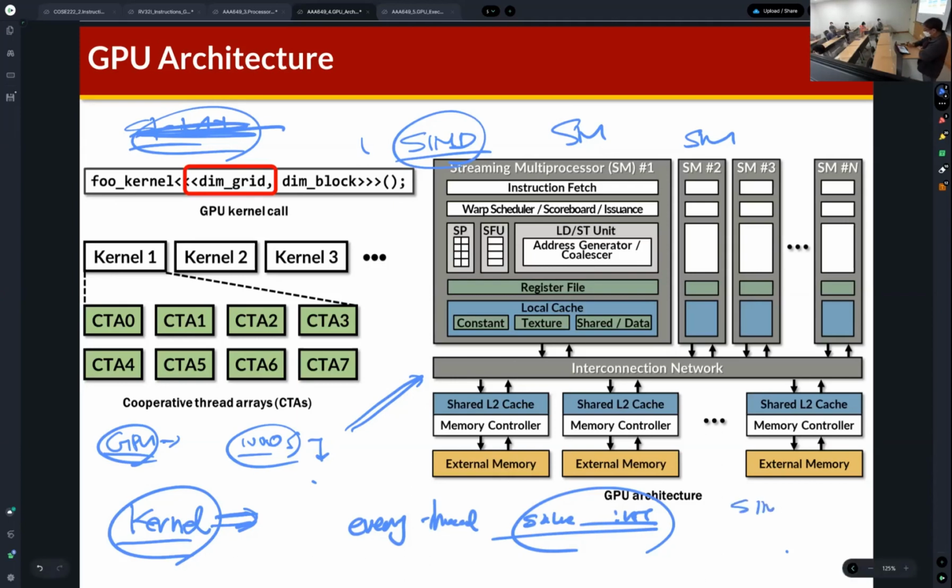Same instruction, but there are multiple instructions handling multiple data. But because the instructions are the same, we can merge these instructions into a single instruction, right? It's just a model, actually.